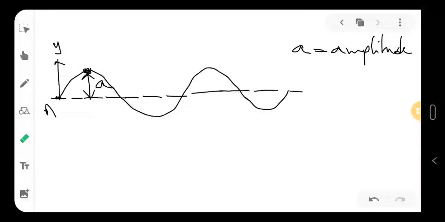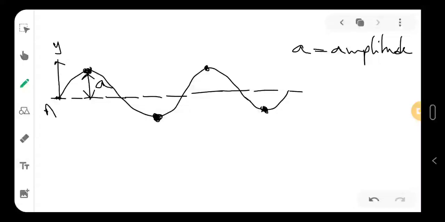So all of these waves we will analyze through this diagram. This is the amplitude. The part where the particle is at extreme points has some names. The upper part is called the crest, and the lower part is called the trough.